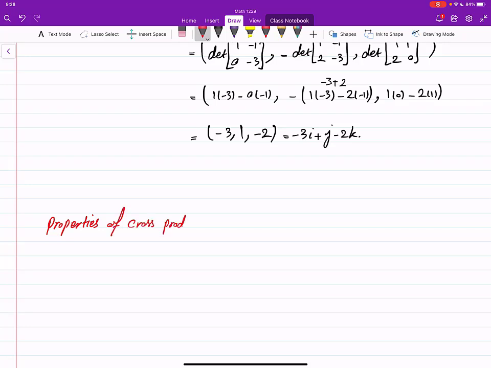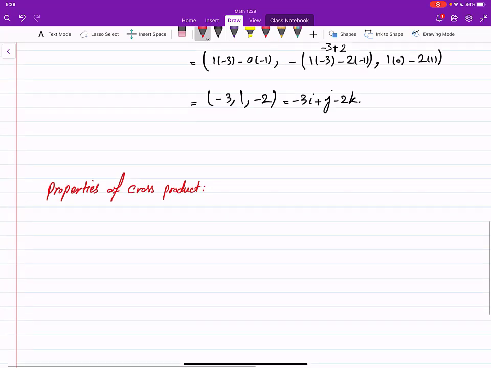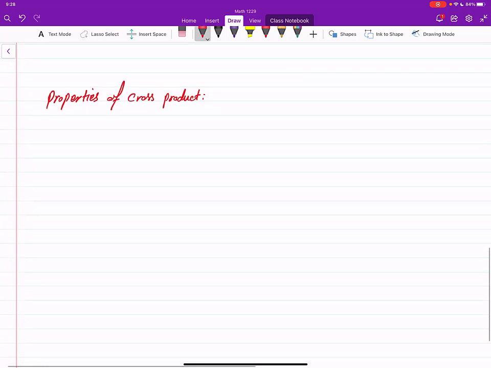First thing is that cross product is not commutative, meaning that if you multiply a vector u to v and then you switch the order and take the cross product, you are not going to get the same vector, but instead you will get a negative sign there. So if you change the order of vectors in the cross product, you get a negative sign.